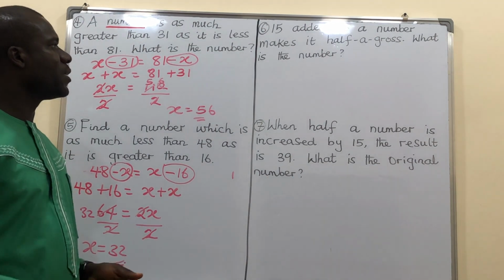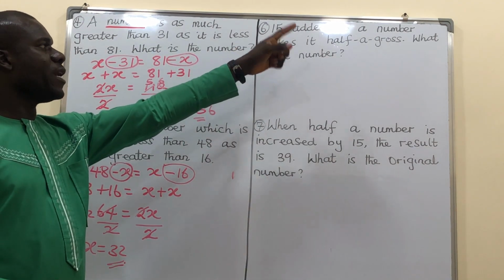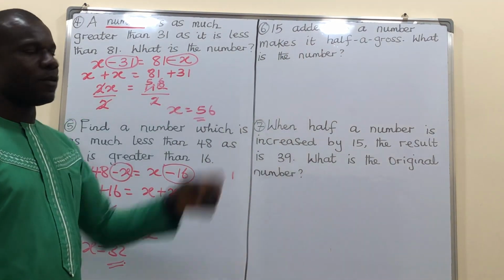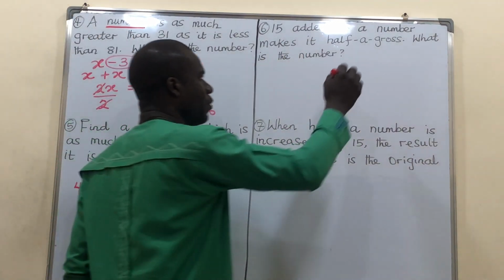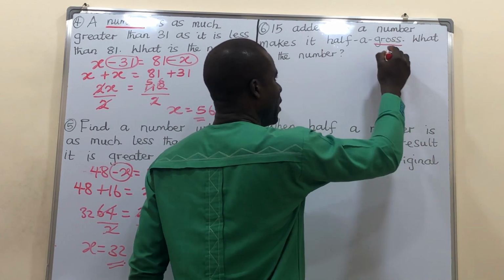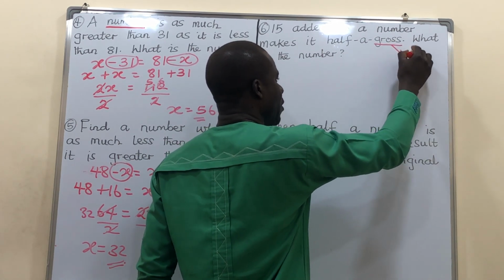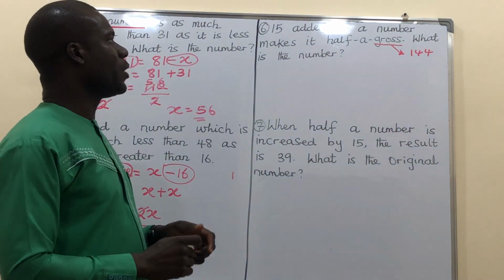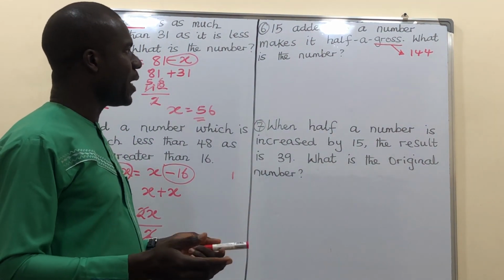For question 6, 15 added to a number makes it half a gross. What is the number? Now let's look at the meaning of this word here, gross. In mathematics, gross means 144. Okay, so 15 added to a number, let the number be x.